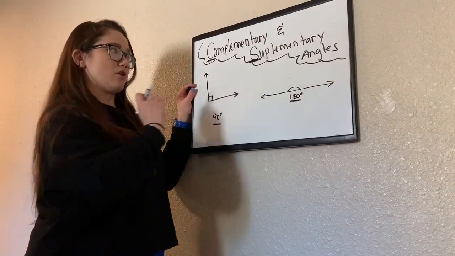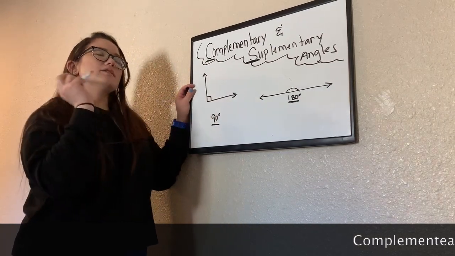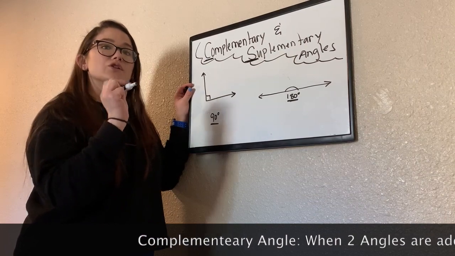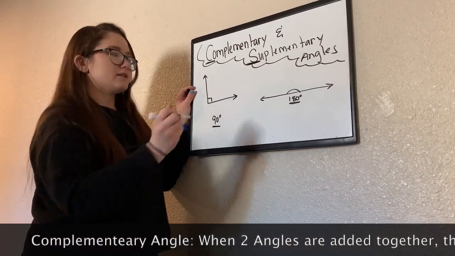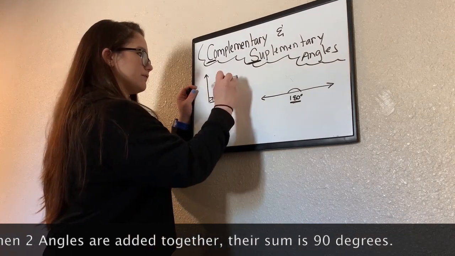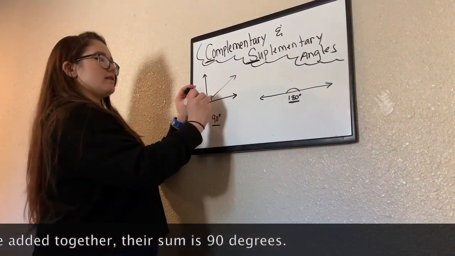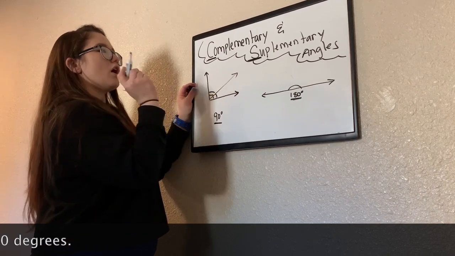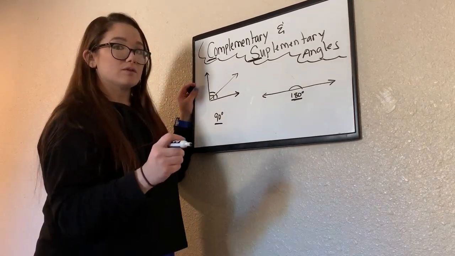The definition of a complementary angle is when two angles add up to equal 90 degrees. So if I cut this angle here, that means this angle here and this angle here are complementary angles.